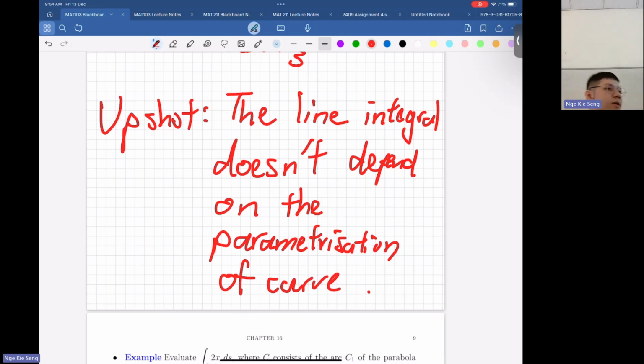Actually, you can prove it, but we won't prove this. To prove it, you need to assume two different parameterizations, and then you prove that they have the same solution. Okay. Any question before we take a break?